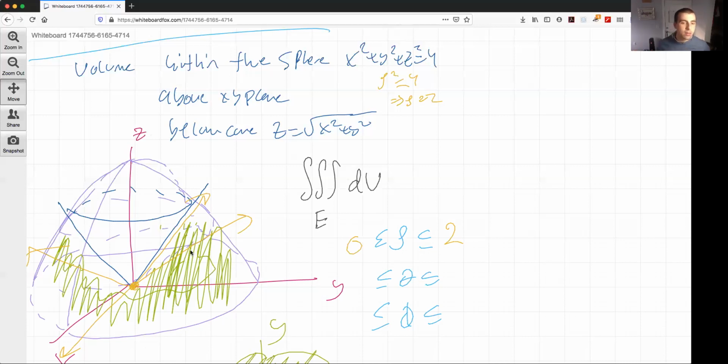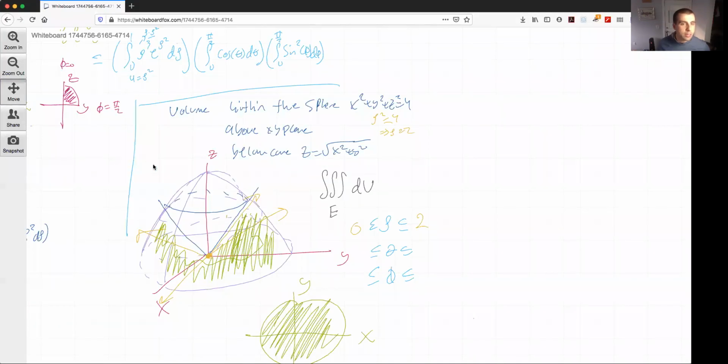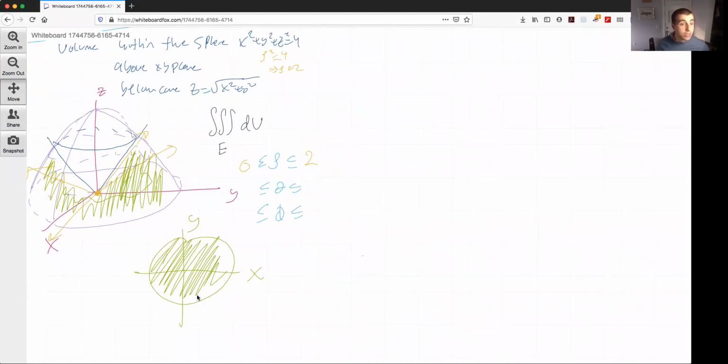You can't see that, but that's what I would see. Because it's all the way around and it's that full circle. So my theta goes everywhere. I need to get all directions. I need to get all sweeps. And so therefore, this is going to be between 0 and 2 pi. Not too bad.